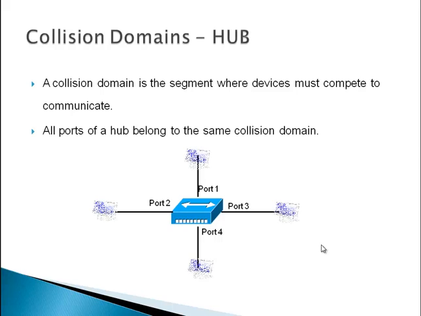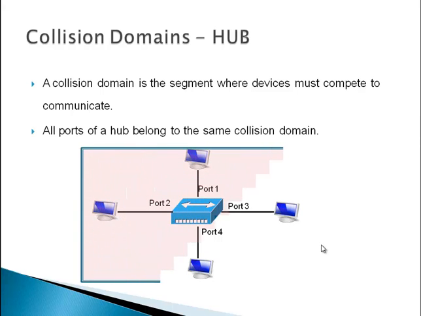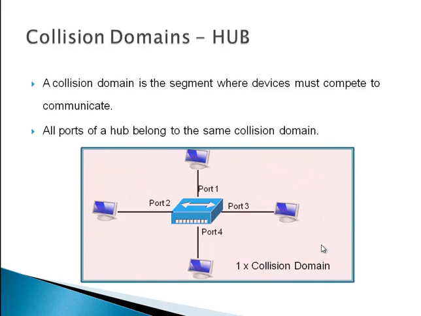All ports on the hub are in one collision domain, which means that if one device sends data and another device sends data at the same time, there will be a collision. Only one device can send or receive at a time, so all other devices have to wait for that device to finish transmitting.